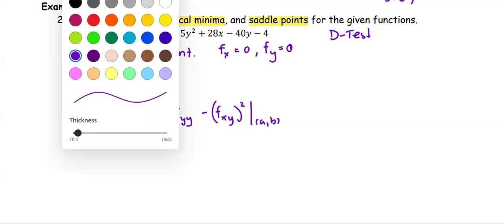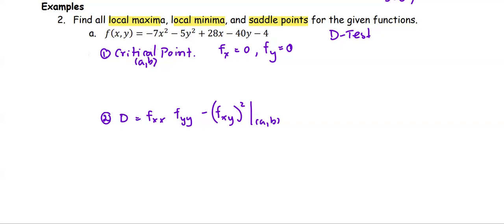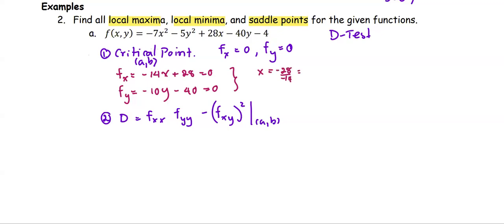All right, so the partial derivative with respect to x is negative 14x plus 28, let it be 0. The partial derivative with respect to y is negative 10y minus 40 equals 0. The first equation is the only equation involving x, so we solve for x equals negative 28 over negative 14, or 2.